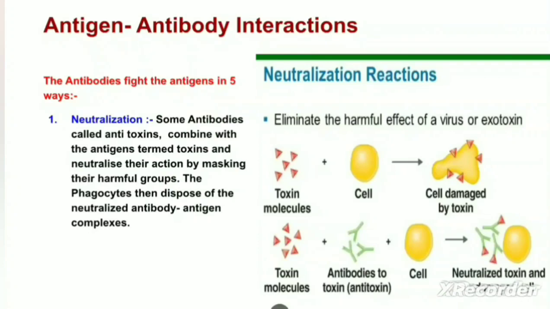Some antibodies called antitoxin combine with antigen termed toxin and neutralize their action by masking their harmful groups. The phagocytes then dispose of the neutralized antibody antigen complexes. Neutralization reaction eliminates the harmful effect of virus or exotoxins.